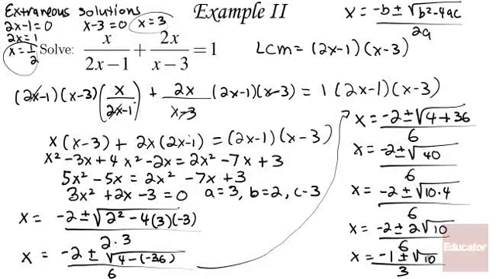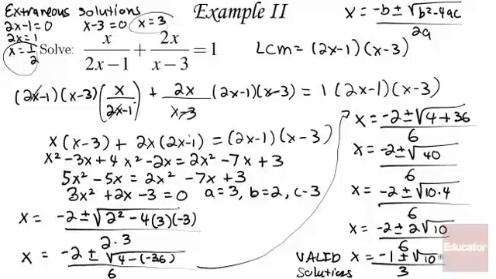Well, if you worked this out, you would find that this isn't even a rational number. If you figured this out, you would find out that it did not come out to x equals 3, nor does it come out to x equals 1/2. Therefore, this gives you the two valid solutions. One of the valid solutions is that x is going to equal negative 1 plus the square root of 10.